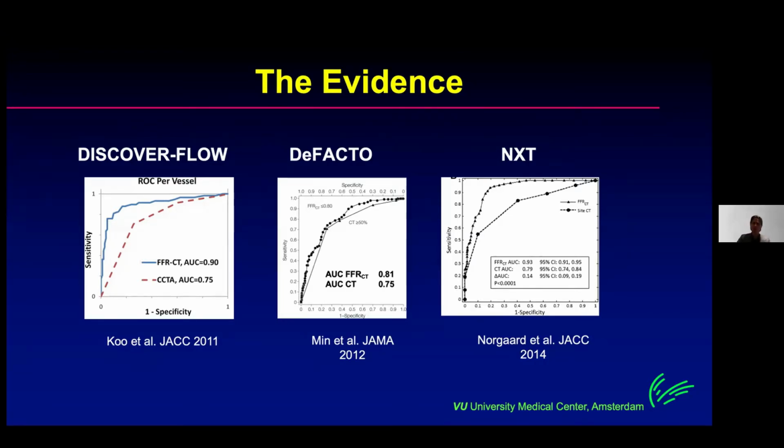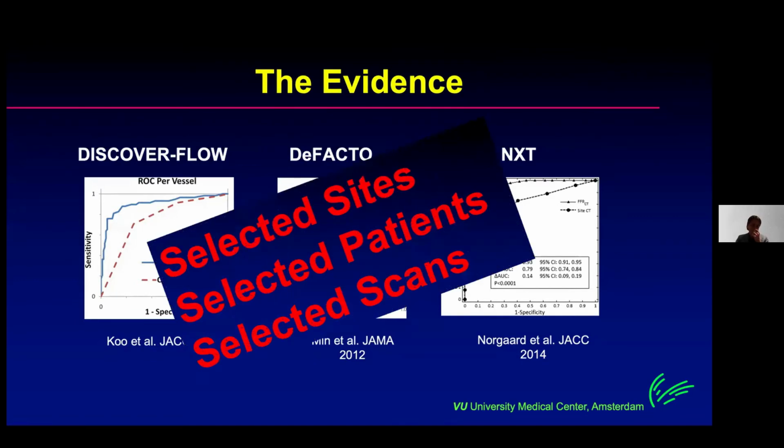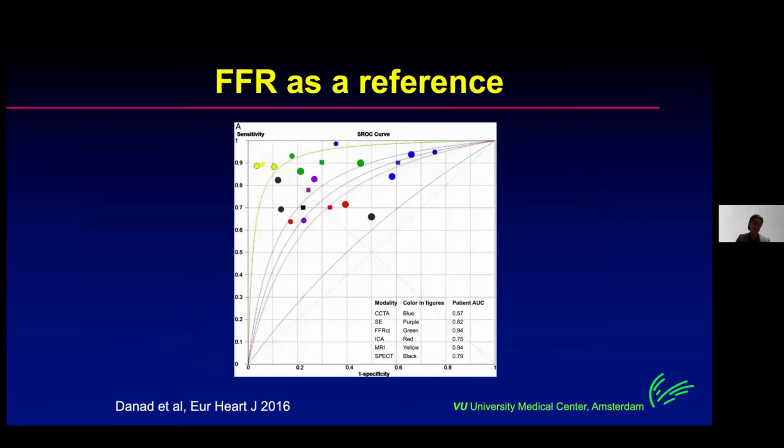However, this was still uncertain at that time because it was selected sites, selected patients, selected scans, and everybody knows that this is not necessarily reproducible for every site in every center.